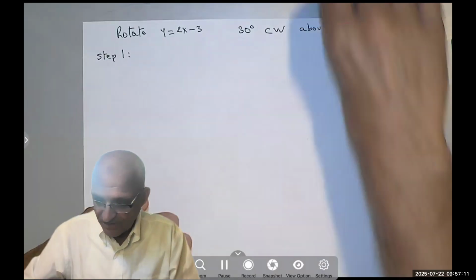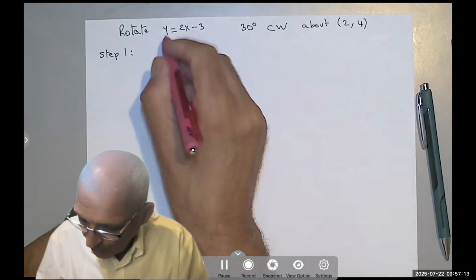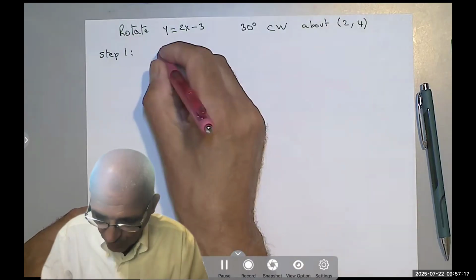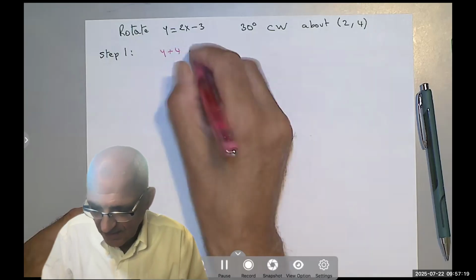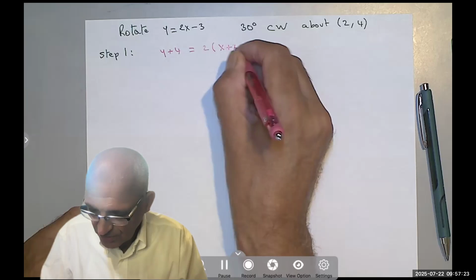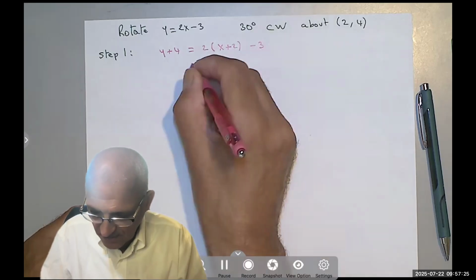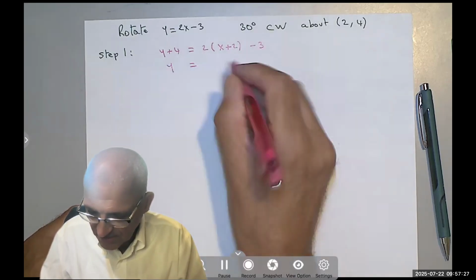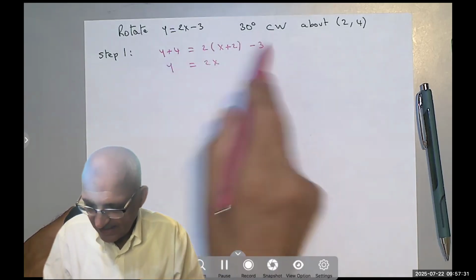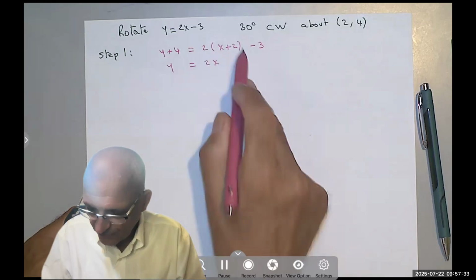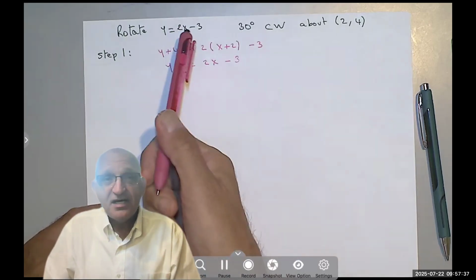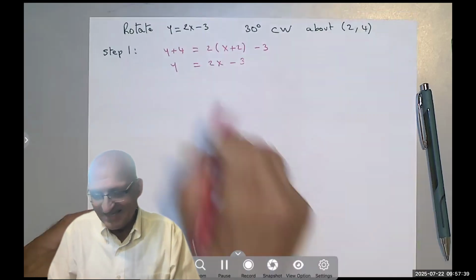As we did with points, the opposite. So the y becomes y plus 4 because I'm going to add the coordinates. y plus 4 equals 2 times x plus 2 minus 3. So I get y equals 2x, and then I have negative 4 and negative 3 and positive 4, so minus 3, which incidentally is the same equation.